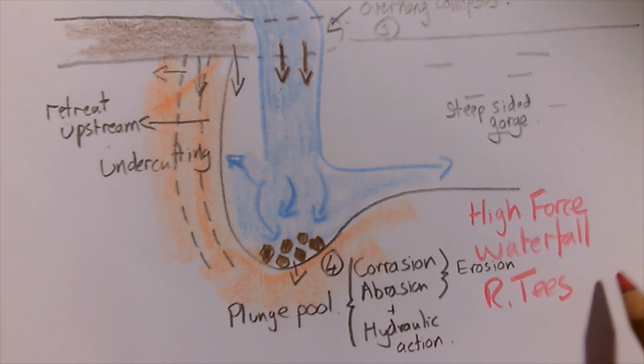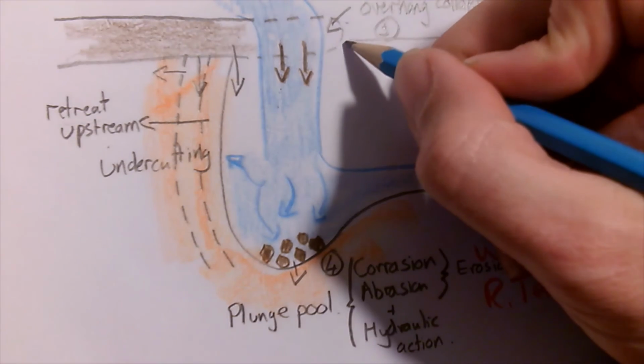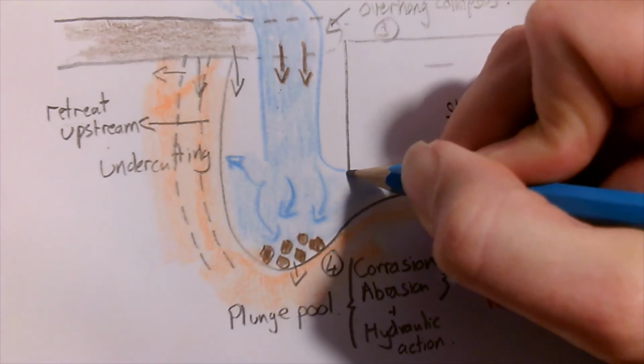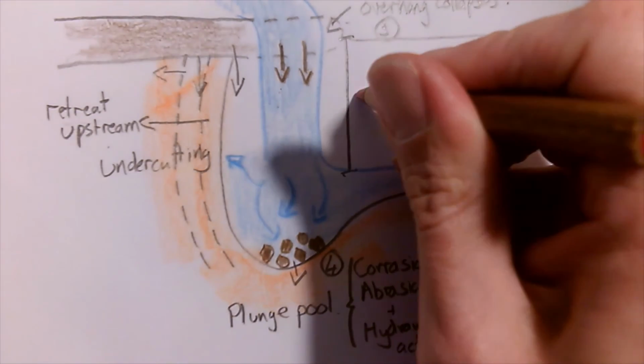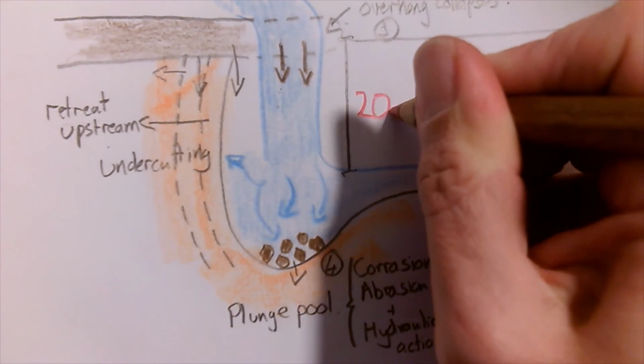Being able to name a particular waterfall is very useful to show a higher level in any answer you give, and it will also be useful to mention some specific facts about this waterfall. So first off, the height of High Force waterfall on the River Tees is 20 meters.